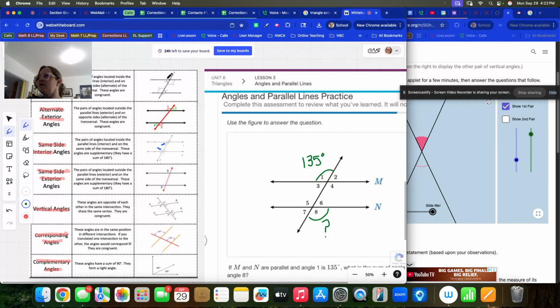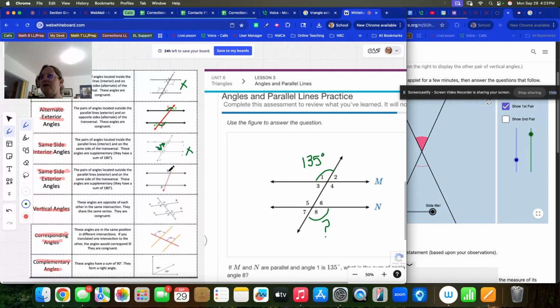This one, no. If you look at angle 1 and angle 2, it does kind of look like my picture. Look at this one. These angles are both on the inside of the parallel lines, so this one's a no.